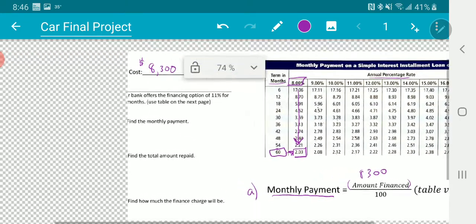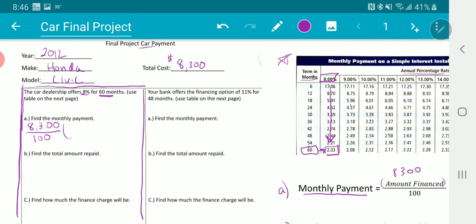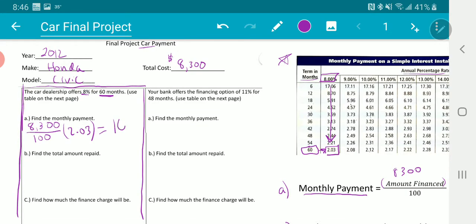So my table value is going to be 2.03. Solving this now, you can just plug this into a calculator right on Google or whatever. So 8,300 divided by 100 times 2.03. My monthly payment for this car is going to be $168.49. Perfect.